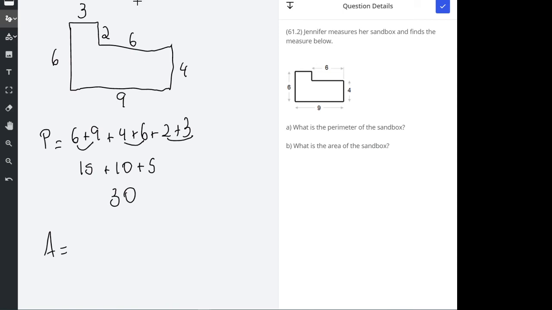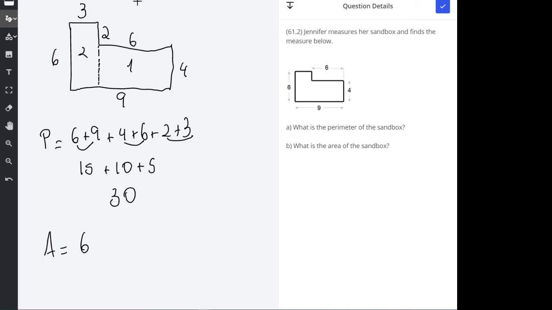And the area, guys, the area is easy too. Imagine with me here, guys, you have two rectangles. I'm just drawing an imaginary line over here. I have rectangle number 1 and rectangle number 2. Rectangle number 1 has base 6 and height 4.